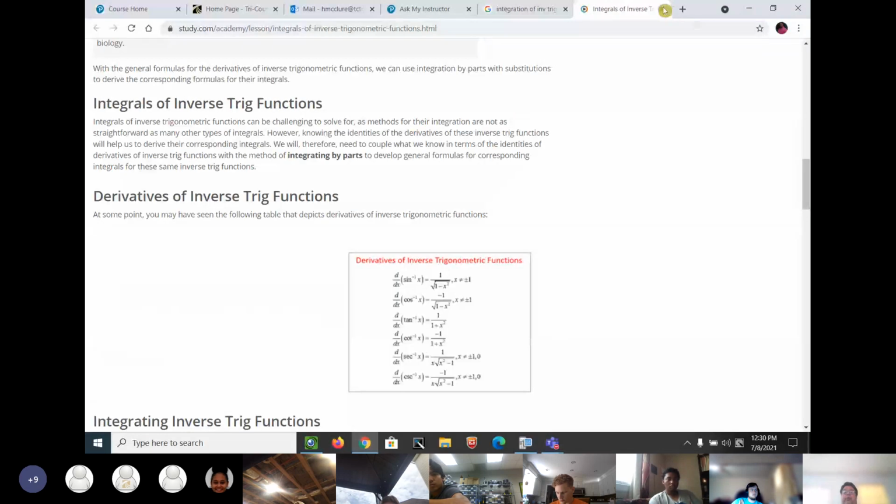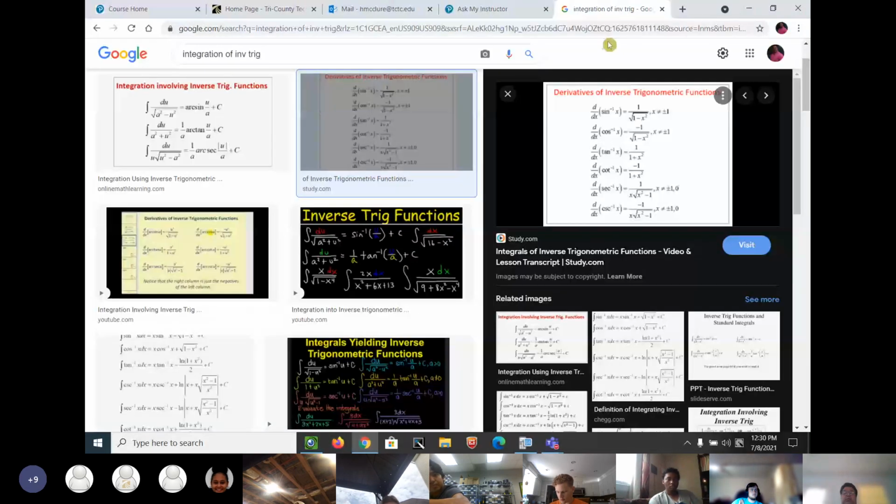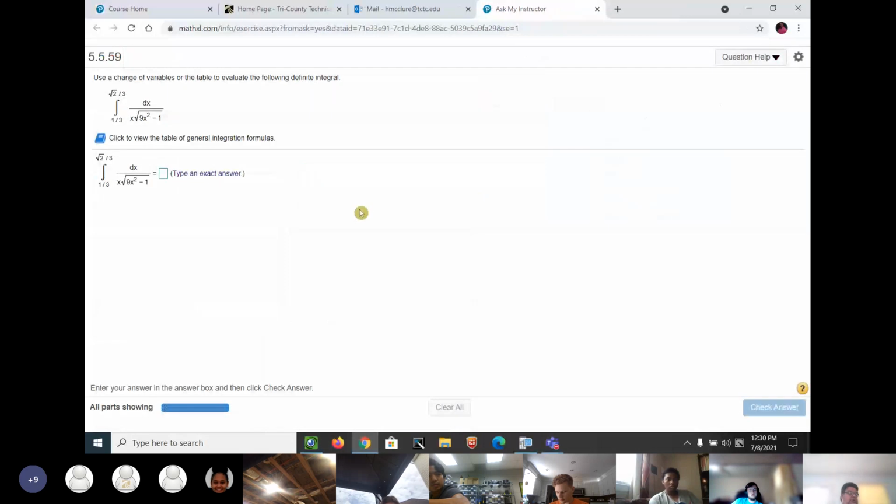All right, so with that being said, what do you do next? Well, you need to see where all your parts are. First of all, u is equal to 9x squared minus 1. Therefore, du is equal to 18x dx.